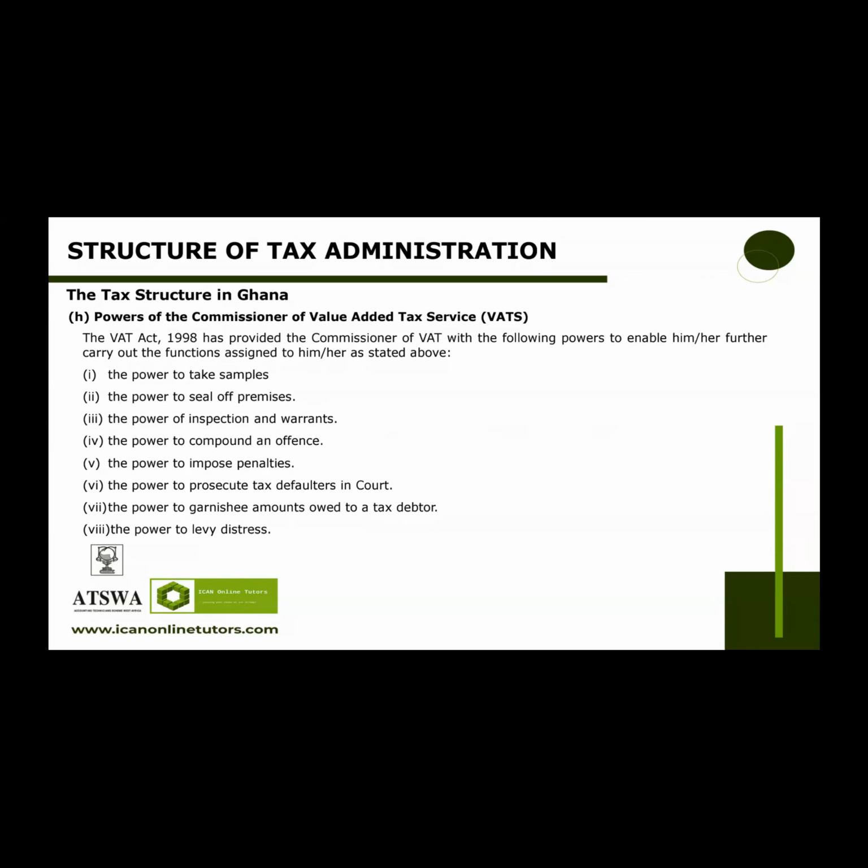The VAT Act of 1998 has provided the Commissioner of VAT with the following powers to enable him or her further carry out the functions assigned to him or her as stated earlier. One is the power to take samples. Yes, an officer of the Value-Added Tax Service may take samples of goods from the possession of any person where he considers it necessary to protect revenue against mistake or fraud.